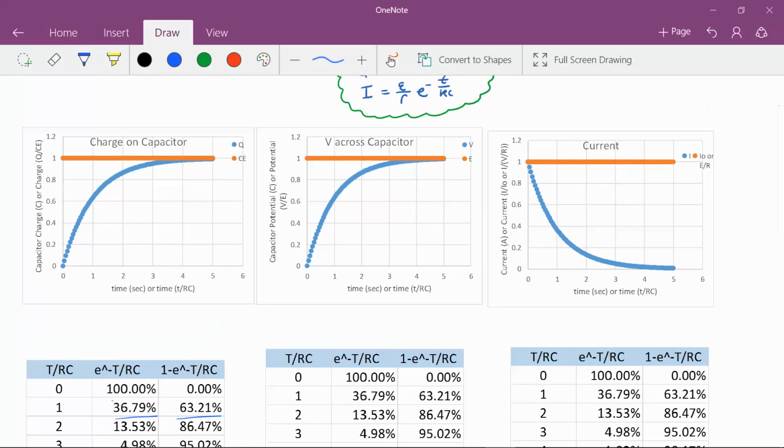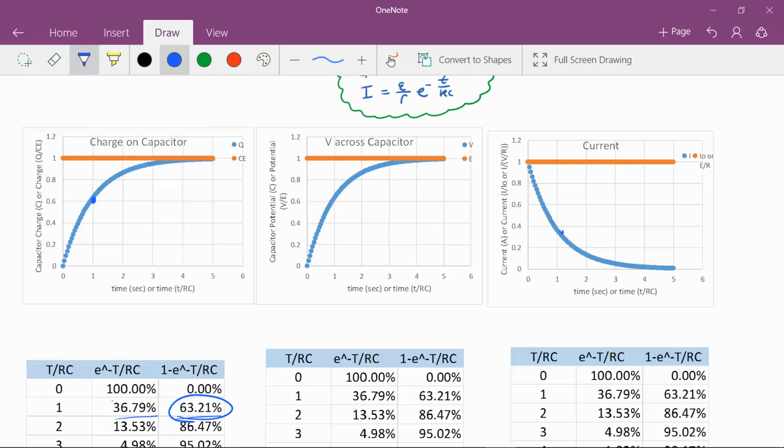So the charge increases as time goes on. At one time constant, in other words, when the time that's elapsed is 1 RC, you're going to have 63% of the charge that the capacitor is ultimately going to have. Your current, however, will be 37%, or 36.79%.